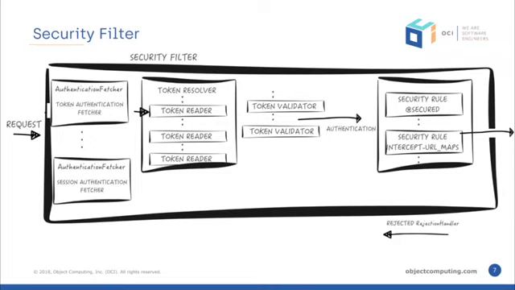Once the app is able to read a token, it will attempt to validate that token. So there are authentication methods where the token is self-contained, such as JWT can be. In those cases, the token validator may not need to collaborate with any other entities to validate the token.